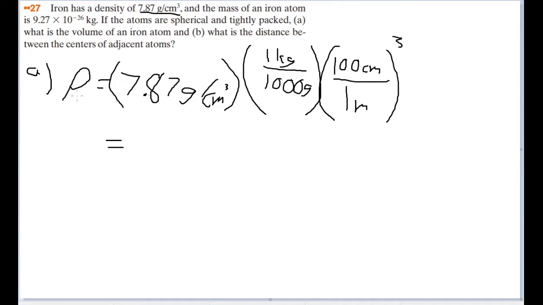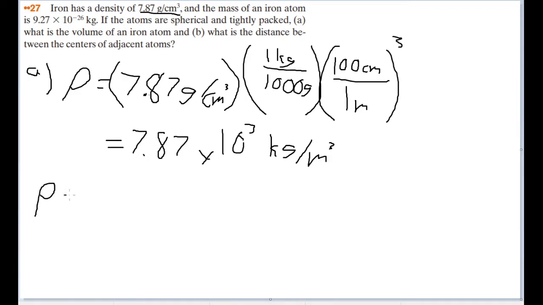And the answer we get for our improved recording of the density is 7.87 times 10 to the third power kilograms per cubic meter. That's much better. Now let's find the volume of the iron atom.